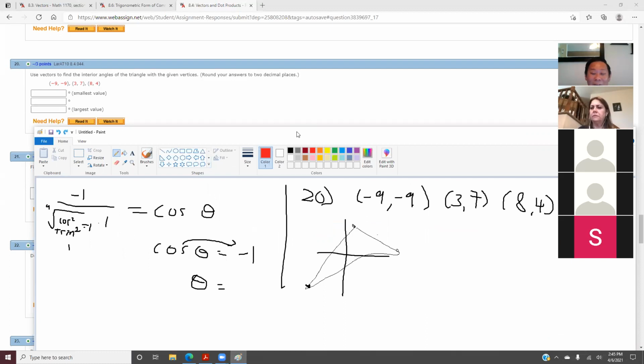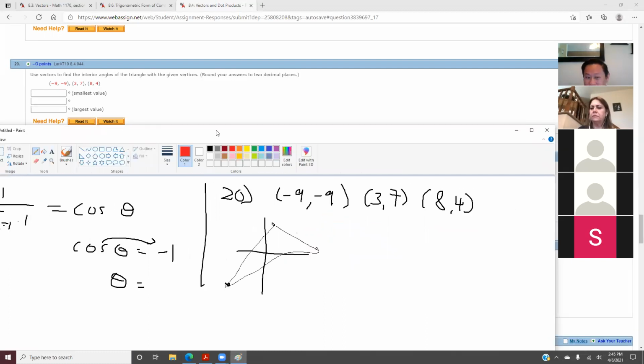Yes, you have to. Do you know how to change -9, -9, and this is 3, 7, and this is 8, 4? There are three coordinate points. You have to find what the vectors are.